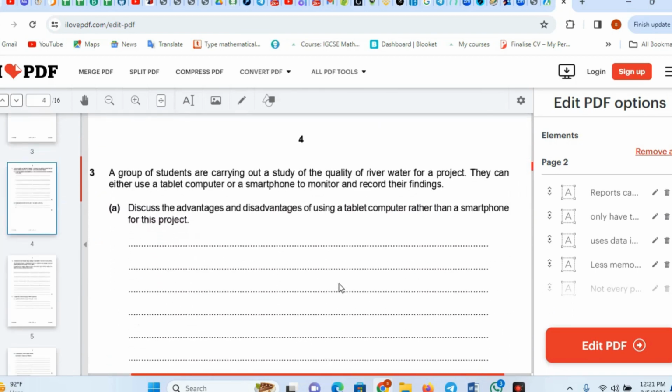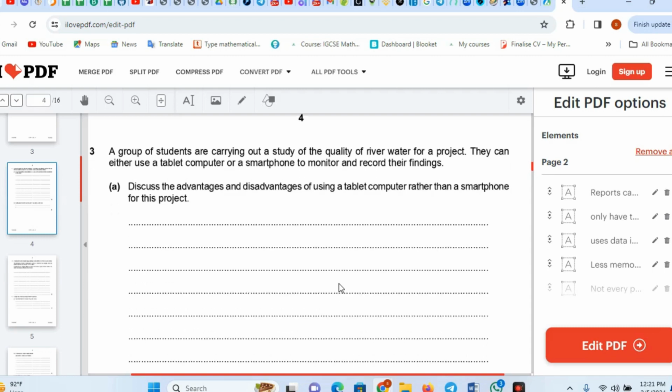Question number 3. A group of students are carrying out a study of the quality of river water for a project. They can either use a tablet computer or a smartphone to monitor and record their findings. We all know what a tablet computer is, and we all know a smartphone. Most of you probably have a smartphone, and a tablet is also that small for you to hold in your palms.